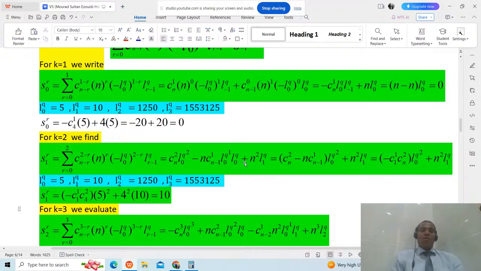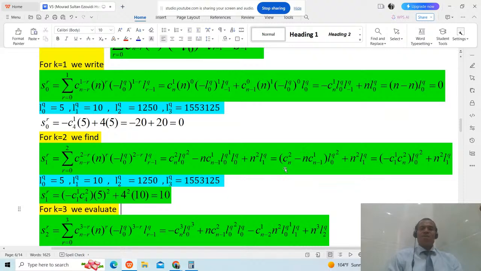Meaning that if you are going to work with a polynomial to the power 10, you should find S1 like that; the formula is the same, okay? We just substitute L0 and L1 with their own values, and n is 10, for example, and we obtain a new value. Therefore, you can note that L0 for the Q is a common factor.